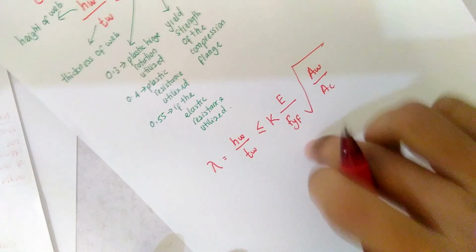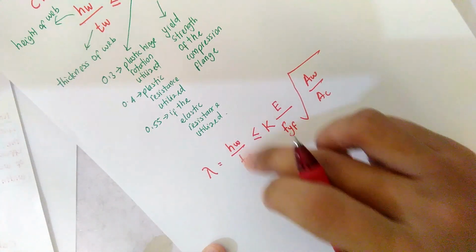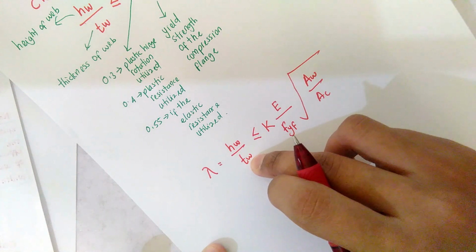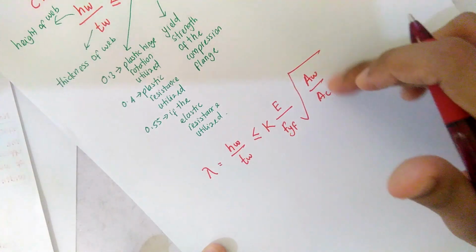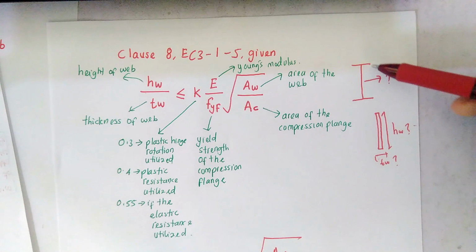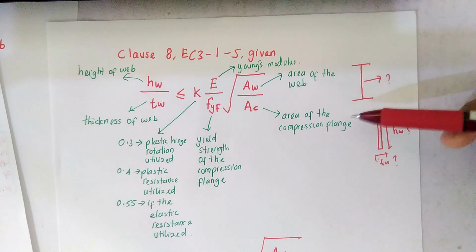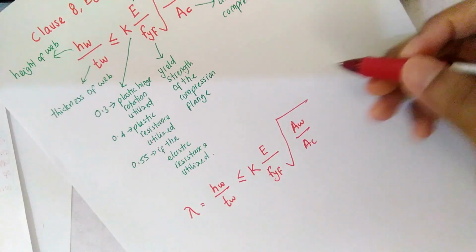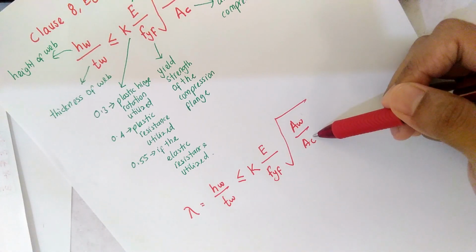Once you have lambda, equivalent to HW over TW, you need to find AW and AC. But because you do not know the area of the flange and the area of the web, and you are now guessing the section sizes, you can say that the area of the web is equivalent to the area of your compression flange.